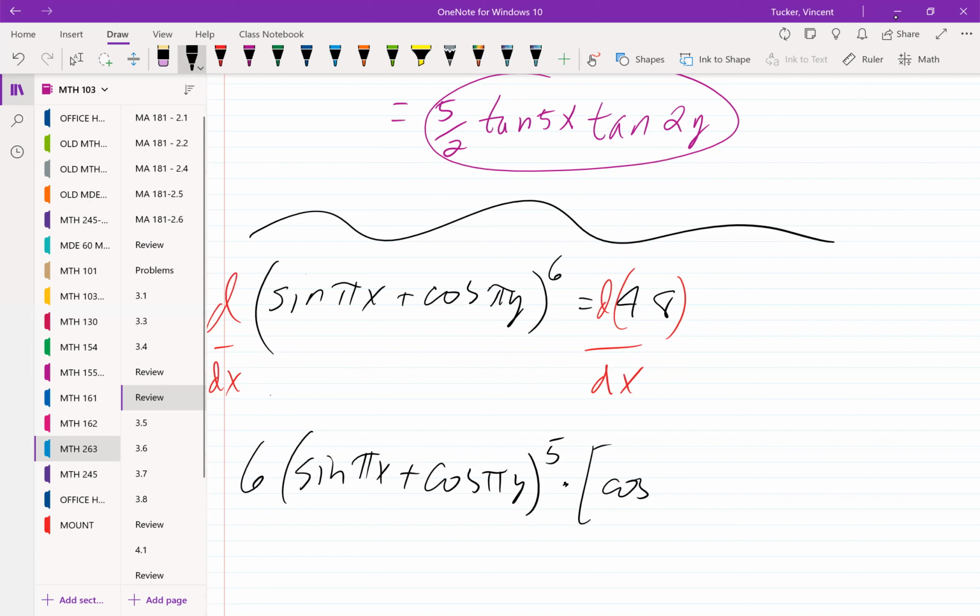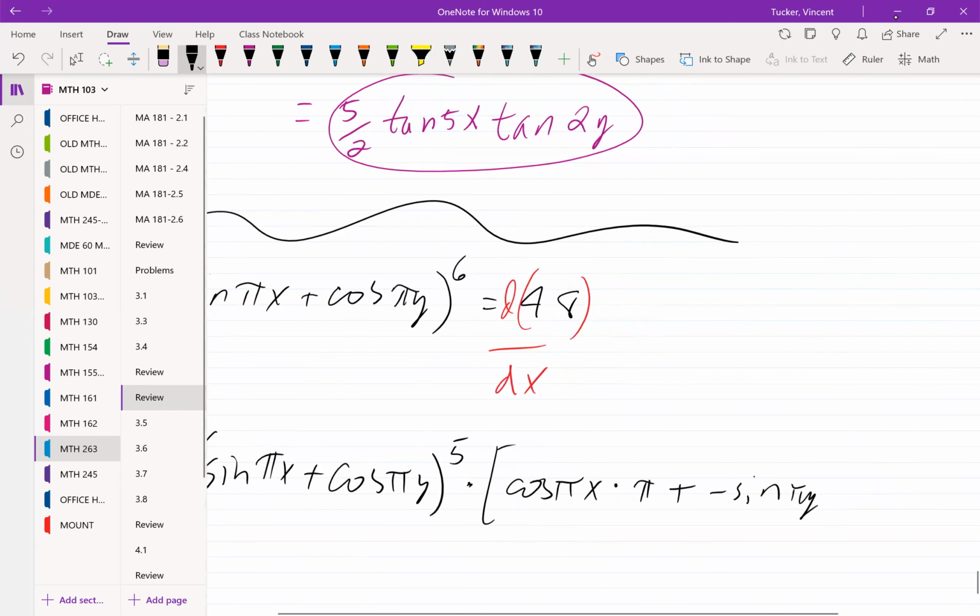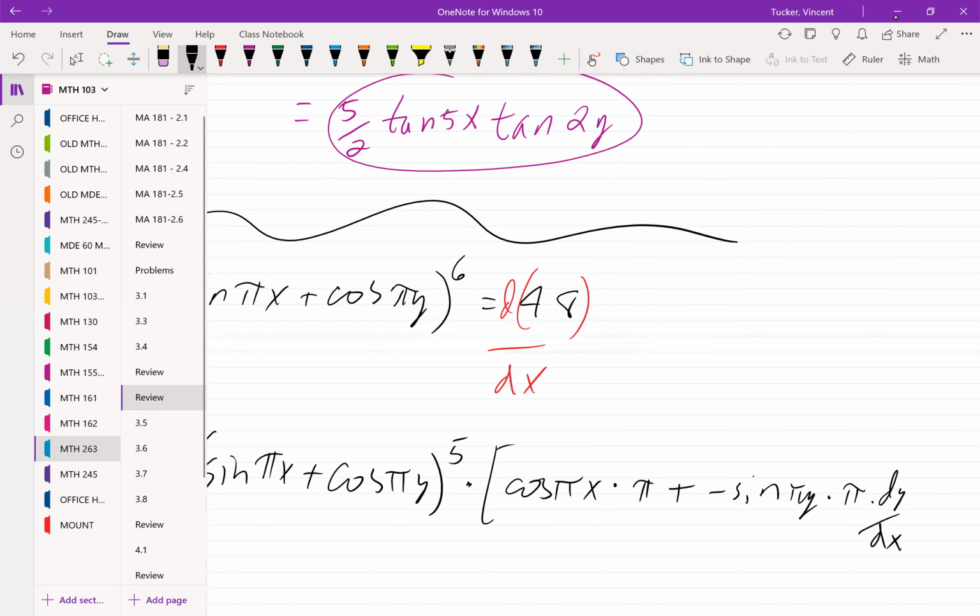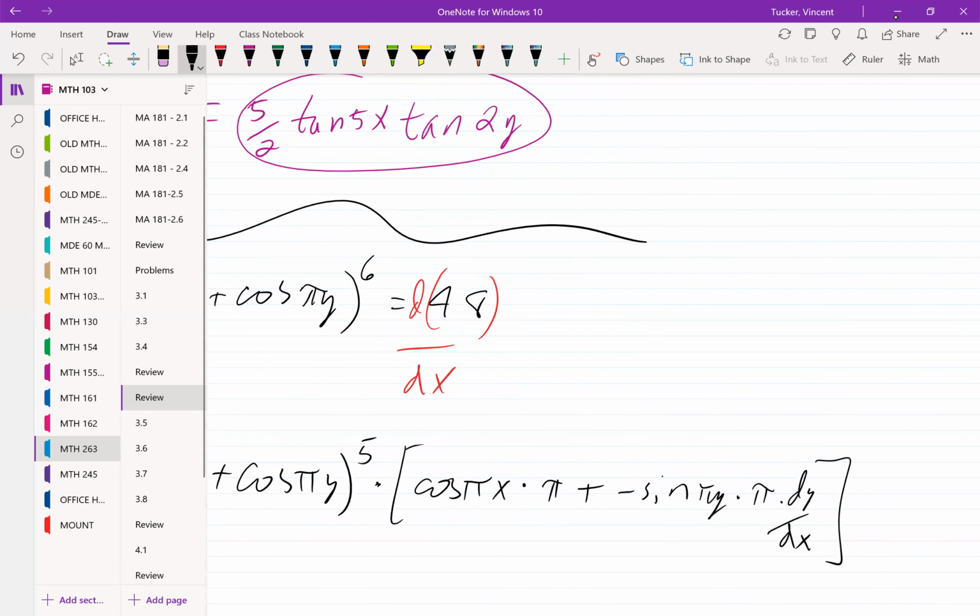So it's going to be cosine pi x times pi, plus, and then derivative of cosine is negative, so it's going to be negative sine pi y times pi times dy/dx. And that's equal to 0, since the derivative of 48 is 0.